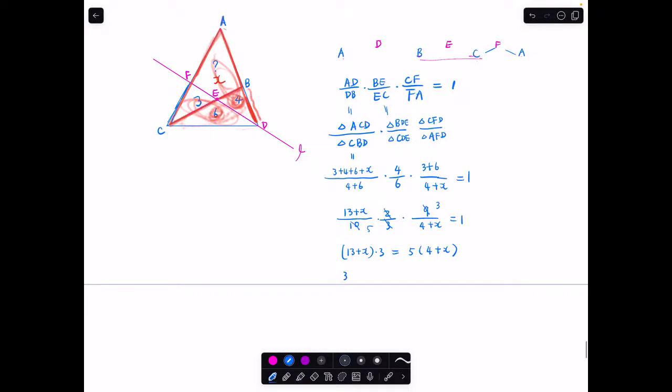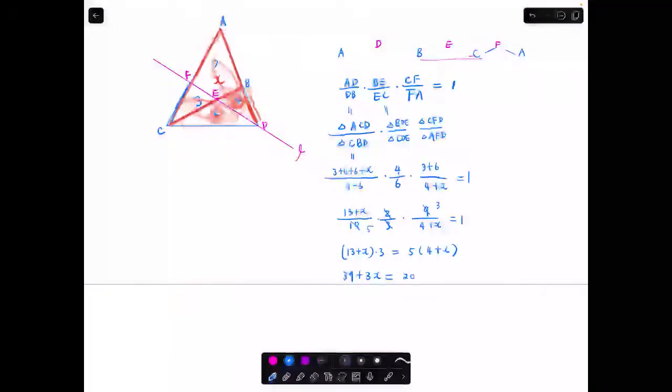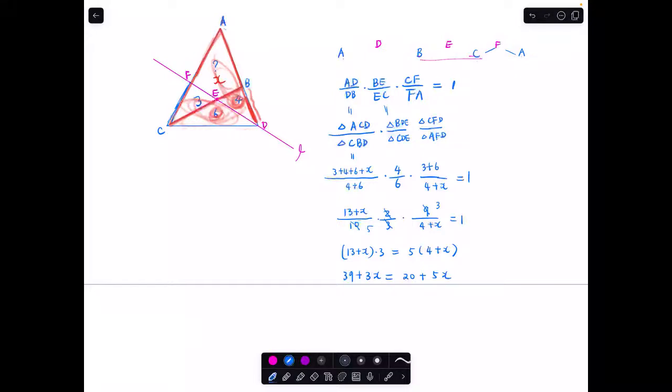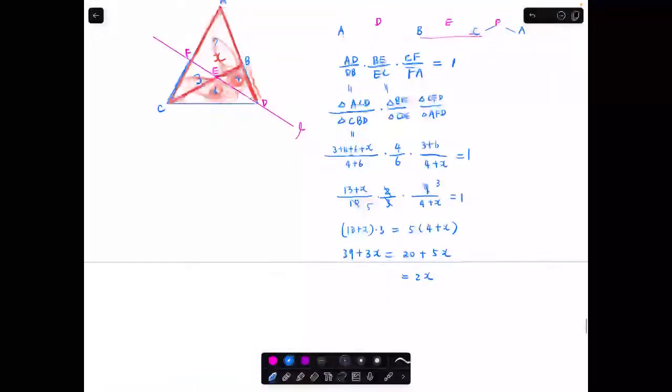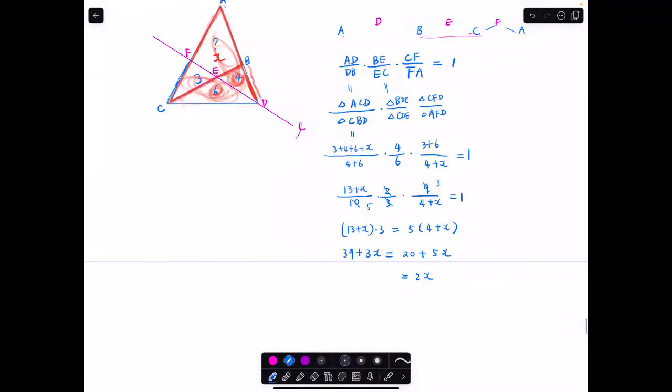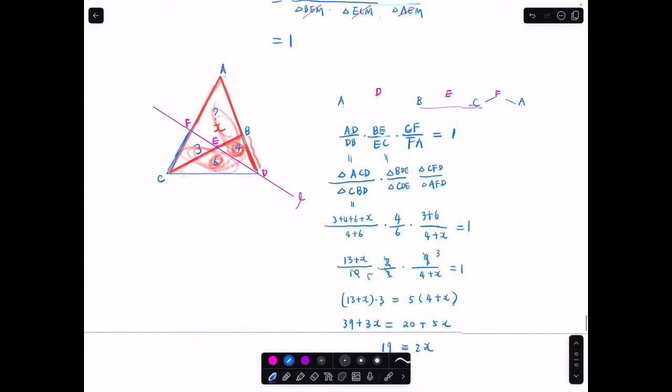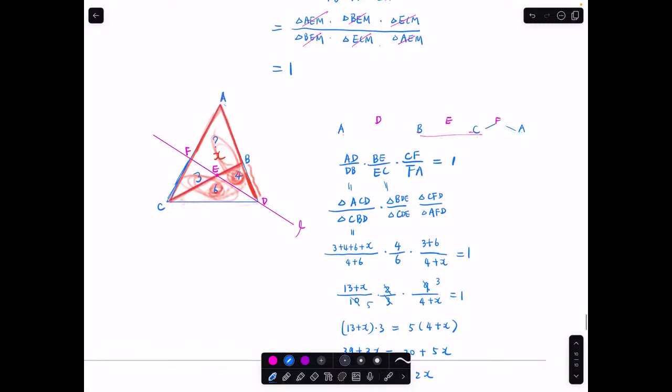This is 39 plus 3X equal to 20 plus 5X, or 2X equal to 19. So X equals 9.5. That's the answer. The answer is 9.5. So we solved the problem.